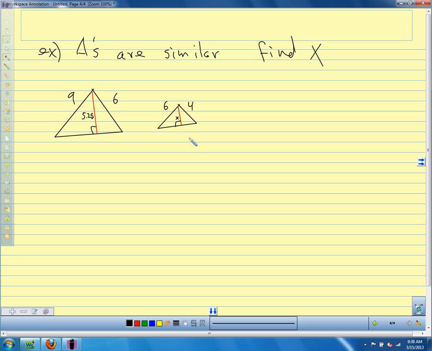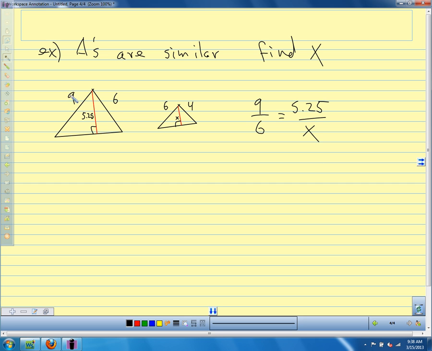Well, we know that the triangles are similar, so the altitudes have the same ratio as the sides. So how are we going to set up the ratios here to make our proportions? Would it be 9 over 6 equals 5.25 over x?